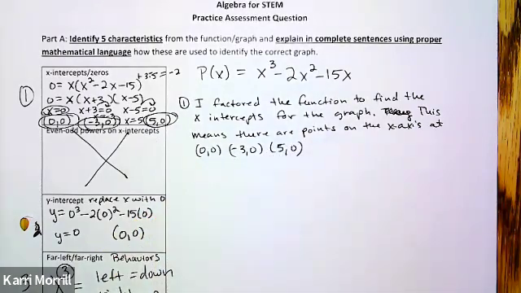Okay. And it doesn't have to be in the exact words, but tell me how you found those x-intercepts and what that means for this graph?